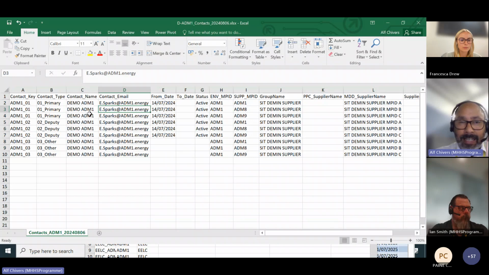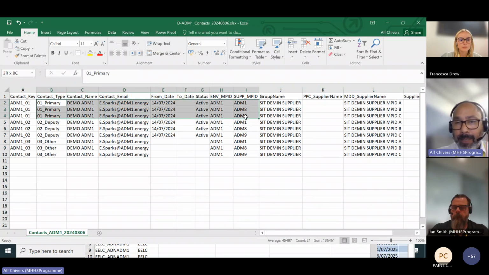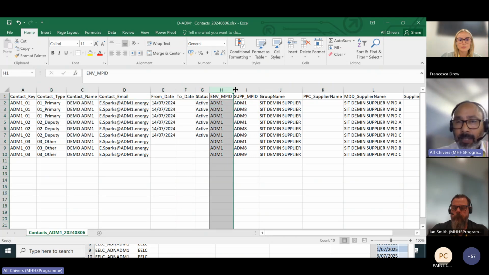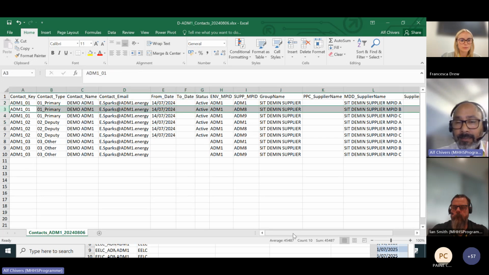We've broken it down to the supplier MPID level, just in case you have a different contact point down at the supplier MPID level, not just at the envelope level. We'd ask you to change any contacts by saying there's an end date, and add a new row if there's a new primary contact.